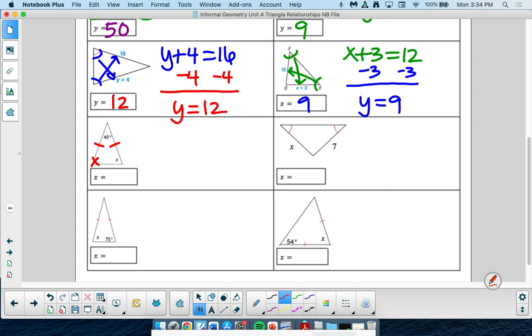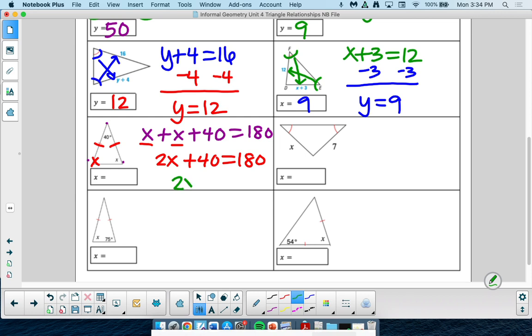Well, think back to a couple lessons ago. What do all three of my angles have to add to? 180, right? So I'm going to have x plus x plus 40 equals 180. So if I add my like terms, I'm going to have 2x plus 40 equals 180.